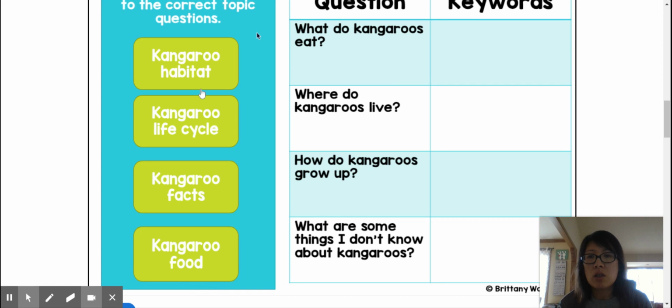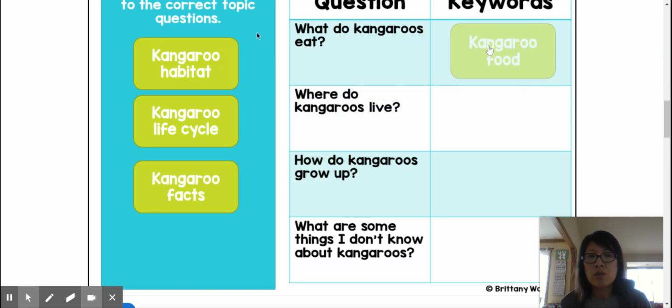So, given that these are your four choices, if your question was, what do kangaroos eat? What would be the keywords that you type into Google or look up in your book? Okay, if you said kangaroo food, you would be correct. So I'm going to go ahead and click and drag kangaroo food into that box.